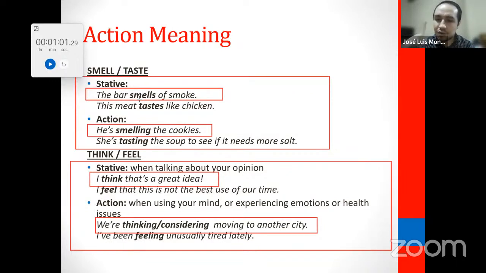So in one example, Paola, the two ideas, smell as a stative verb and smelling as an action verb. And the second example, the same, but with think. I believe that you are right. That's a stative verb. And then the action verb is going to be, I'm thinking of moving to another place. Okay, and that's an action verb.